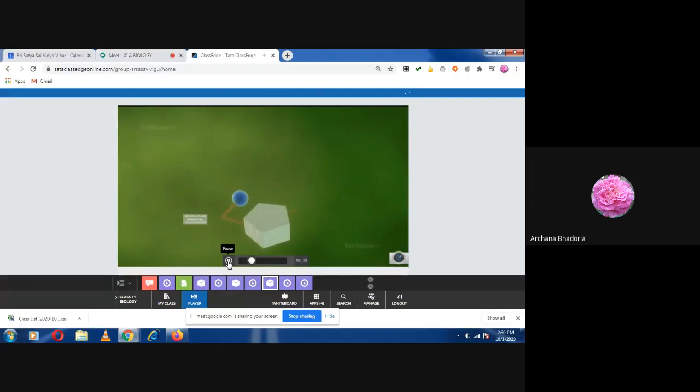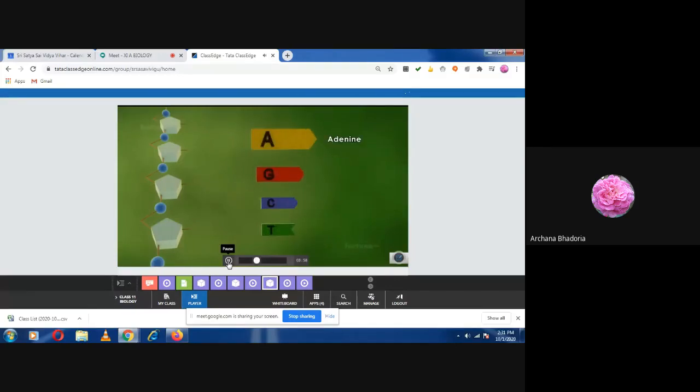The nucleotides are arranged into chains or strands. Each strand has a backbone made of alternating groups of deoxyribose sugar and phosphate groups. The sugar molecule of one nucleotide is linked with the phosphate of the next nucleotide by phosphodiester bond. There are 4 nitrogenous bases in DNA: adenine and guanine, called purines, and cytosine and thymine, called pyrimidines.